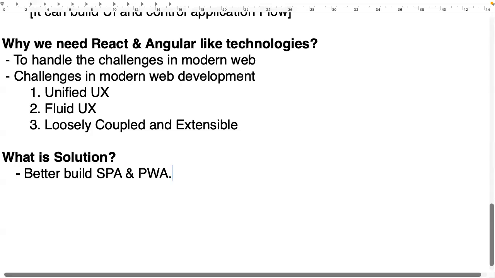They are working on single page applications and progressive web applications. The current generation is about these two only. Traditional web applications are not there anymore. We are leaving those traditional web applications and we are into what kind of applications? Single page applications and progressive.